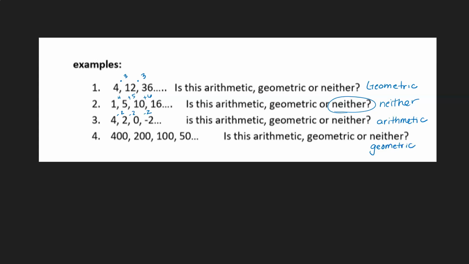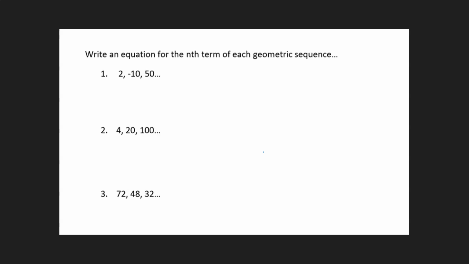Okay, so let's talk about the equations. So let's bring this over from the first slide. So your equation is a sub n equals a sub 1 times the common ratio to the n minus 1 power. So what we need to do is write an equation for the nth term of the geometric sequence.